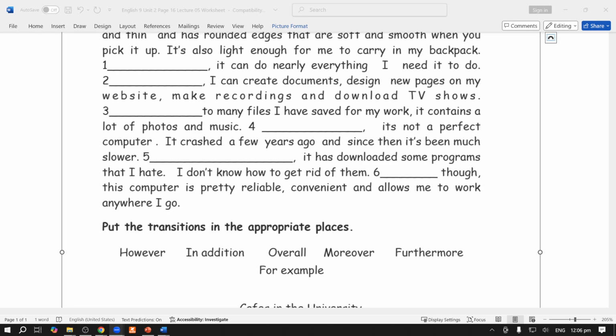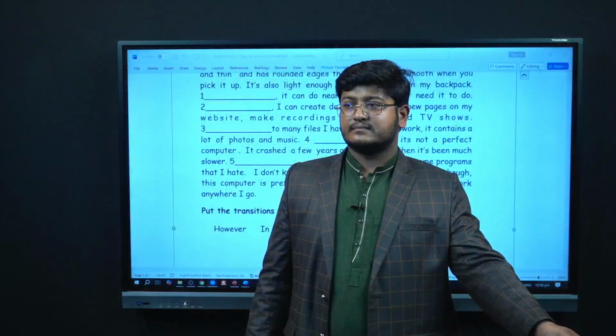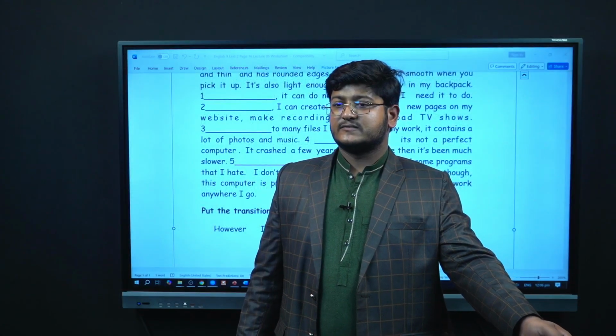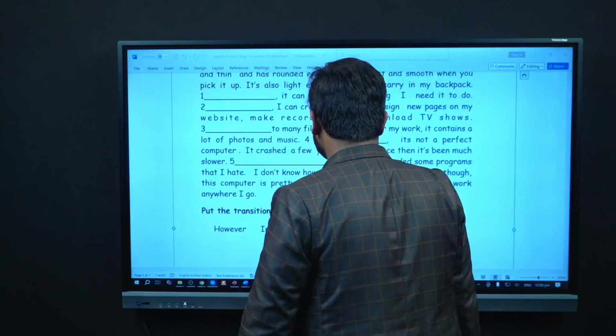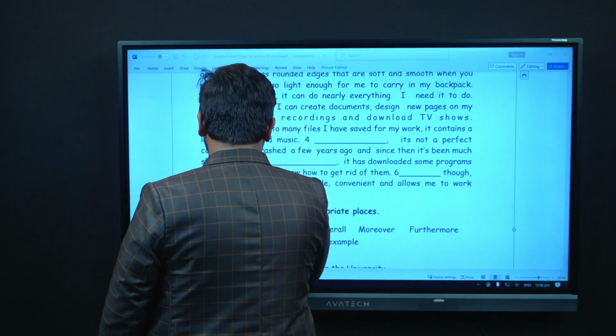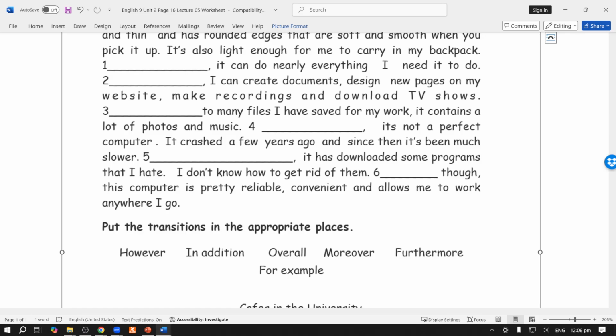Al Hayan Grammar School, however. So Al Hayan Grammar School is telling that however is the word. So yes, there however is right.